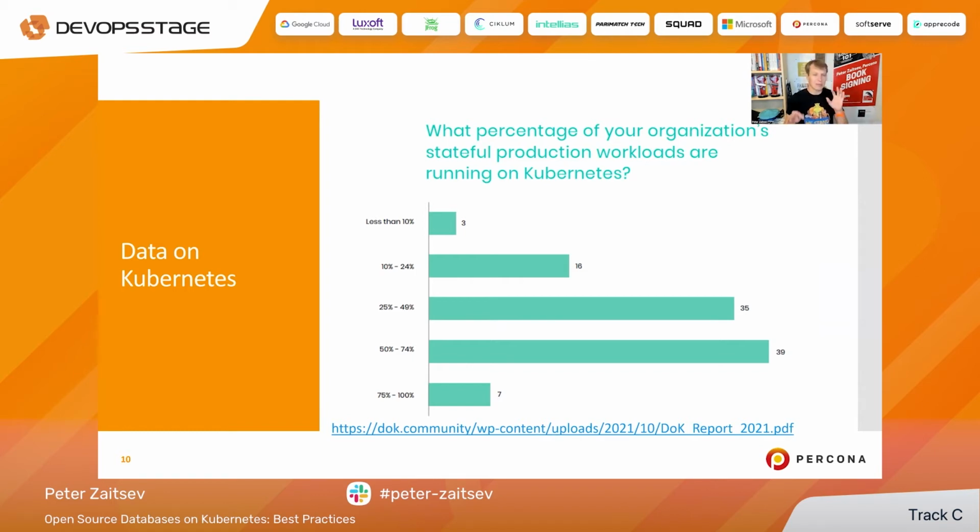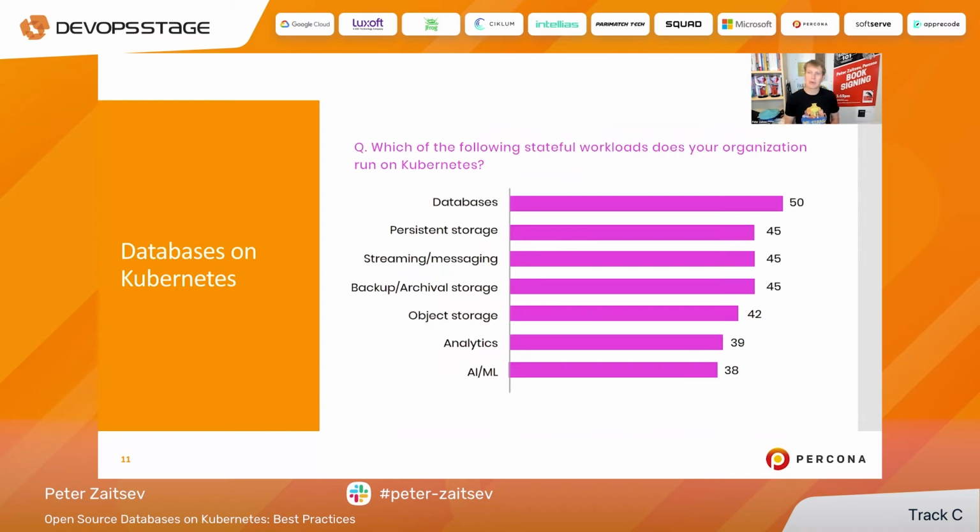Now, of course, I would take those results with a grain of salt, because if you do not use Kubernetes, or you don't believe in running stateful workloads on Kubernetes, probably you would not be a member of the Data on Kubernetes community and would not participate in the survey, right? But I think it's still interesting.